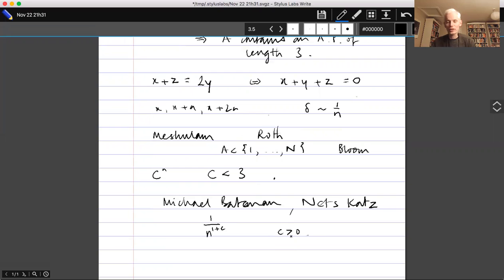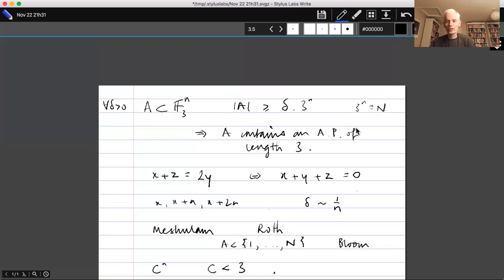I'm not even sure they calculated it explicitly, but they got a very slight power type improvement on the little n. But that's not a power type improvement if you think of it in terms of capital N.